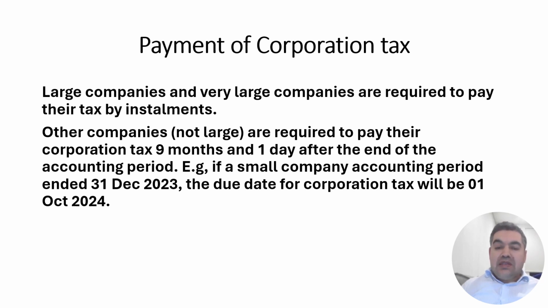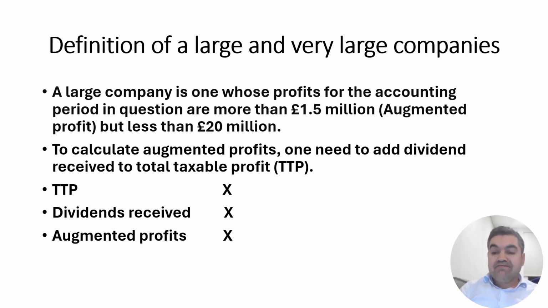For the large company, however, the rules are different. Large and very large companies are required to pay their taxes by installments. A large company is one whose profit for the accounting period in question is more than 1.5 million augmented profit, but less than 20 million.